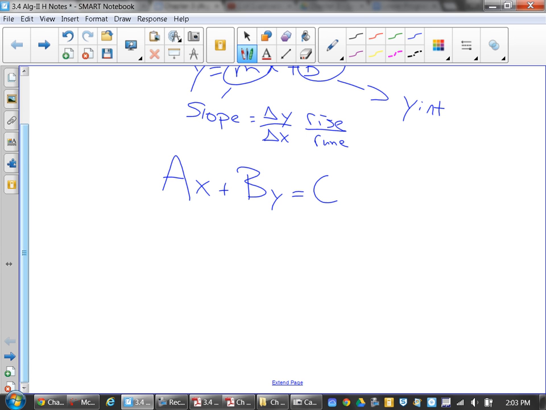There are a lot of rules with standard form, like A and B both can't be 0, but it isn't that big of a deal at this point. It's just another way to write out equations.